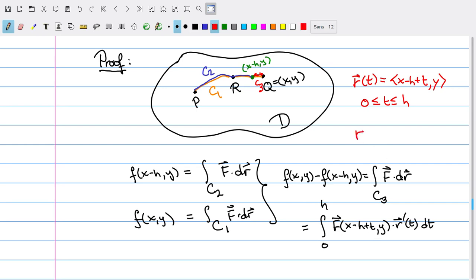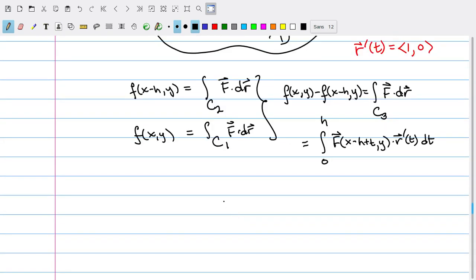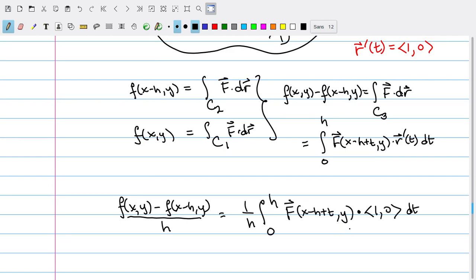And we should note here also that r prime of t is just going to be the vector 1, 0. So we can write f of x, y minus f of x minus h, y over h is equal to 1 over h times the integral from 0 to h of F of x minus h plus t, y dotted with the vector 1, 0 dt.